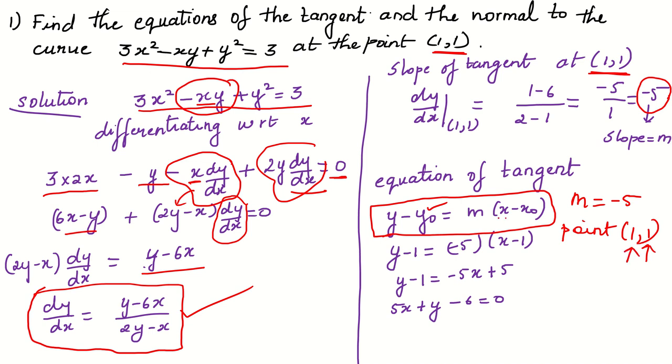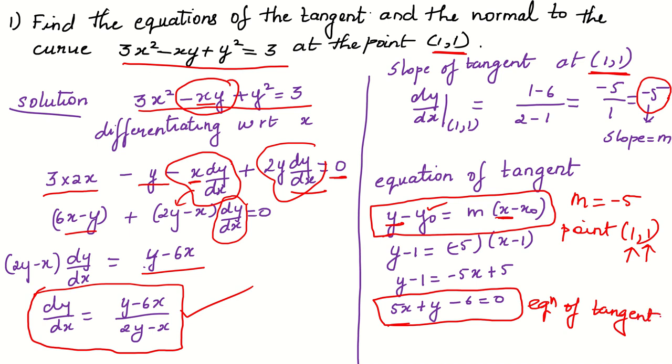My equation should be in terms of x and y, so these are the general points on the line, that you will not substitute. So y minus 1 equals slope minus 5 into x minus 1. So finally this is the equation of the tangent.